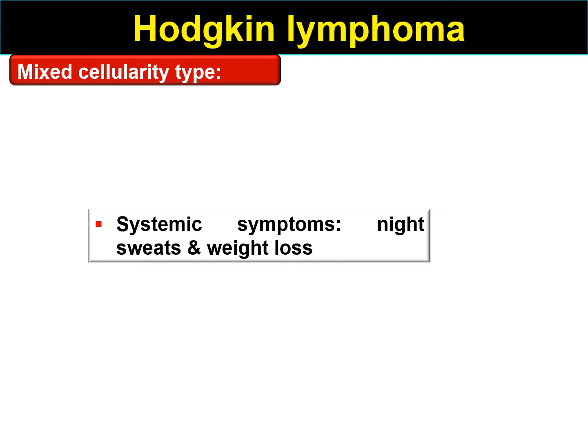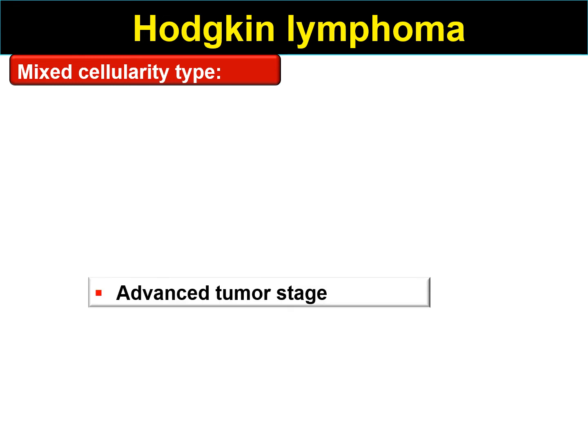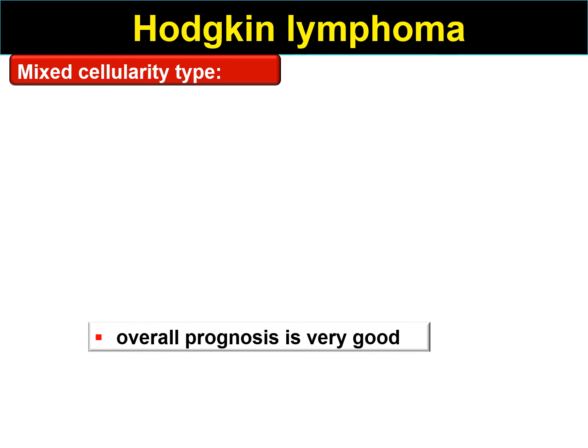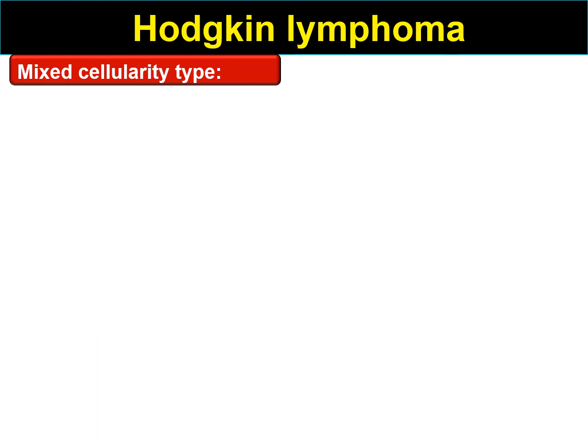Systemic symptoms such as night sweats and weight loss are more common, the disease is usually diagnosed at an advanced tumor stage, and the overall prognosis of mixed cellularity Hodgkin lymphoma is very good.